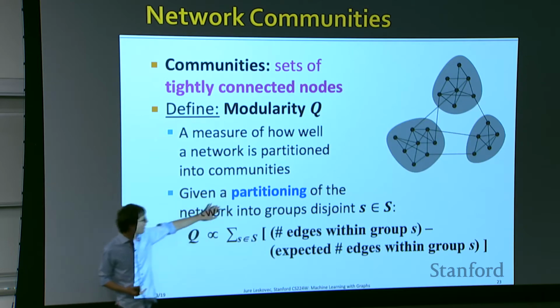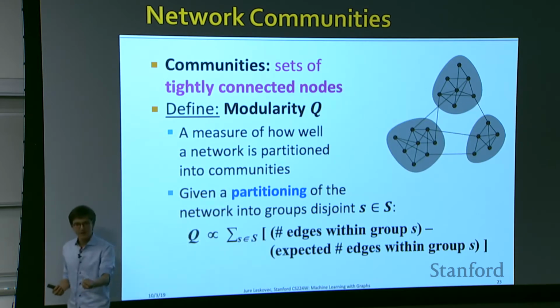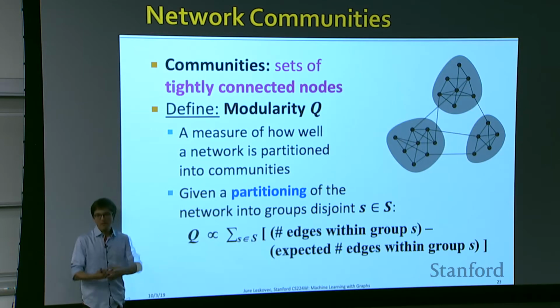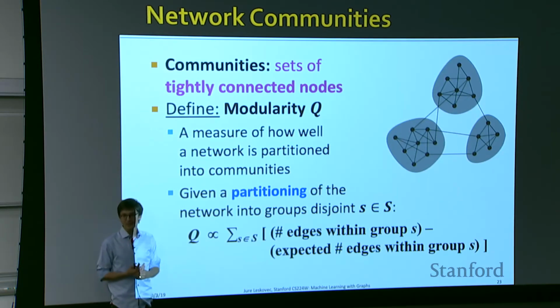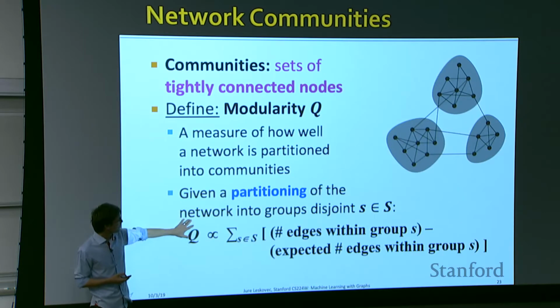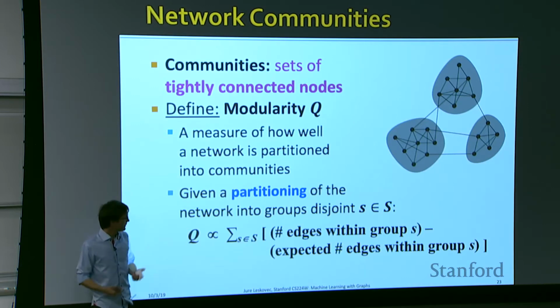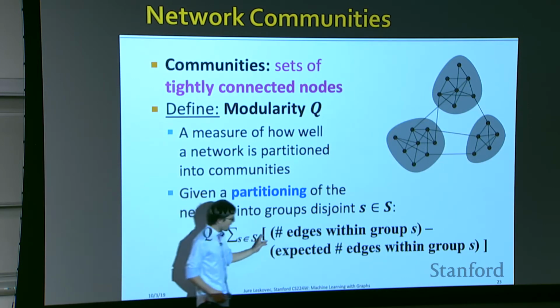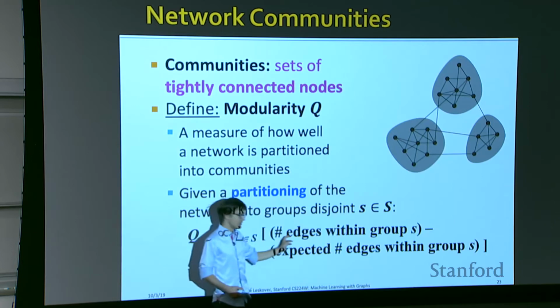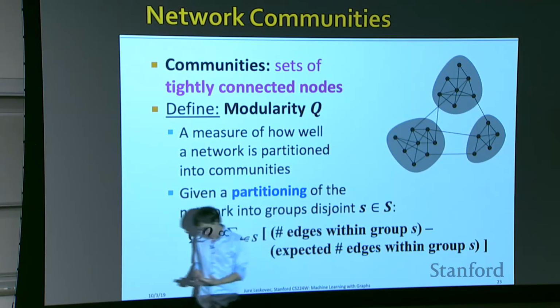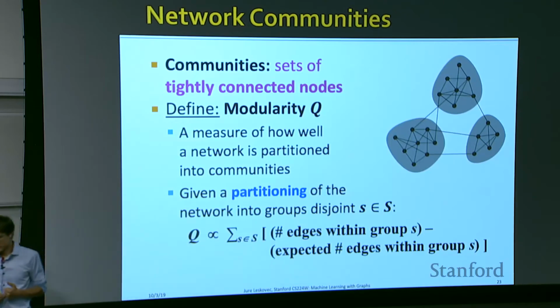Okay? So we want to assign every node to exactly one group, and then measure how well we discovered the clusters. The idea is that modularity Q will measure the following difference: how many edges do I have within the group I discovered, minus how many edges would I expect between the members of the group.